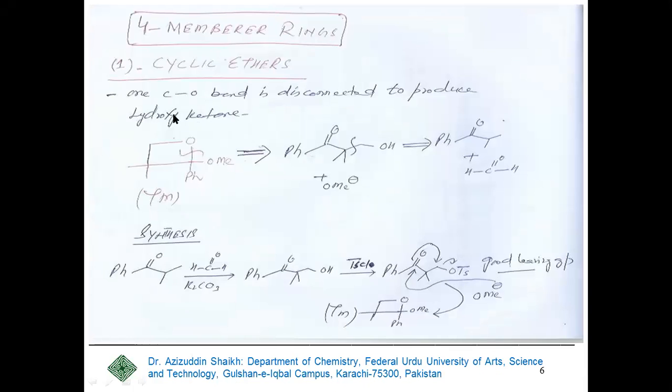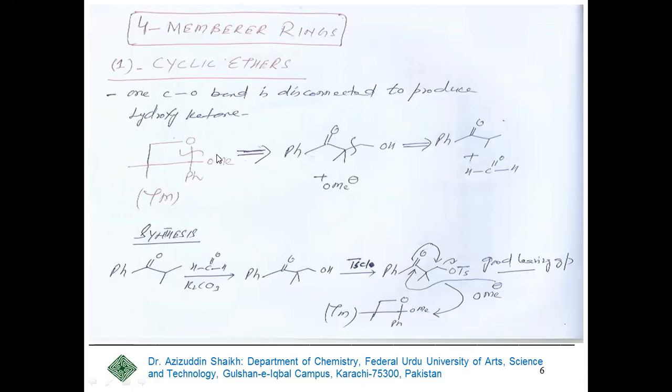Now we start four-member rings, the disconnection approach as well as its synthesis. Cyclic ether. One CO bond is disconnected to produce hydroxy ketone. This is the example. Target molecule, cyclic ether, methoxy and phenyl groups are attached. Disconnection.